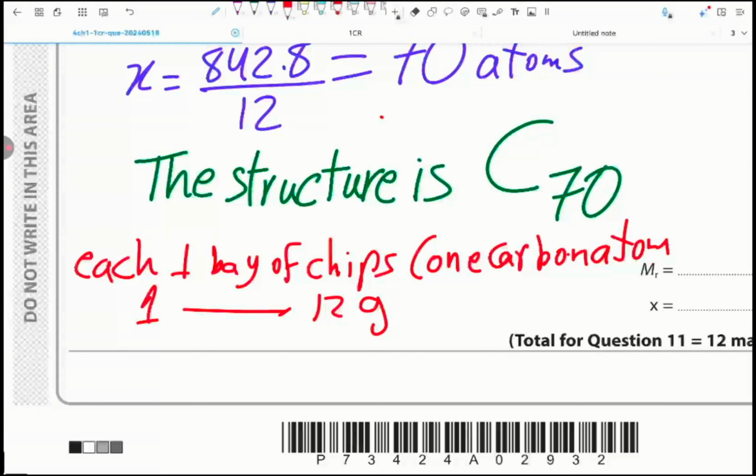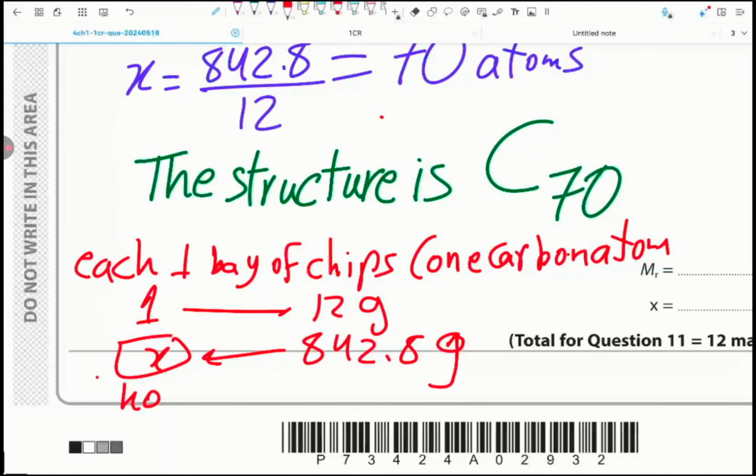If we have 842.8 grams, how many, here, X, how many carbons, or let's say chip bags, can they make?